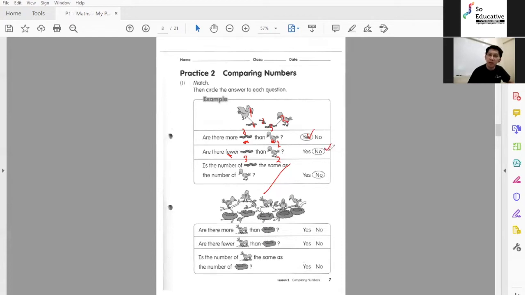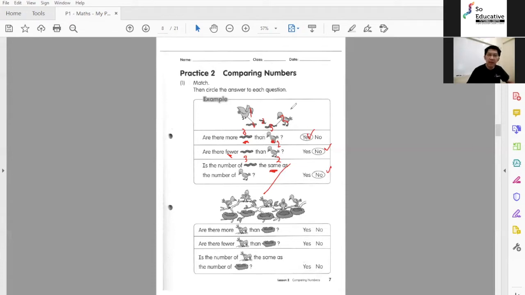So the answer is no. The next question, is the number of worms the same as the number of chicks? They're asking, are they the same? Of course, the answer is no, because we have 3 worms and 2 chicks.